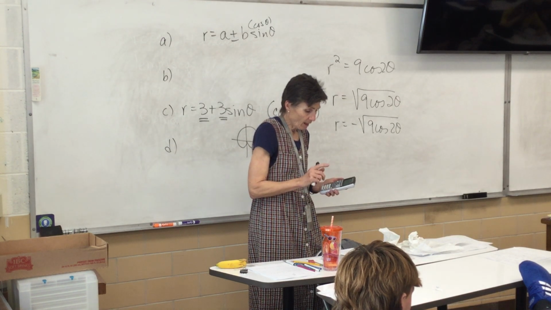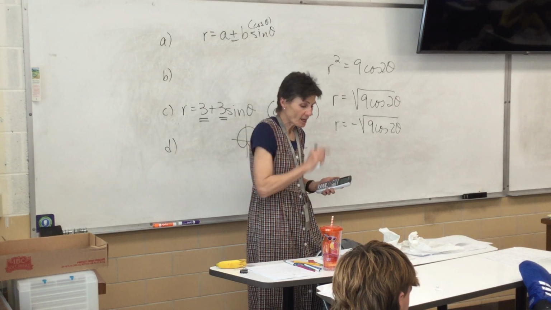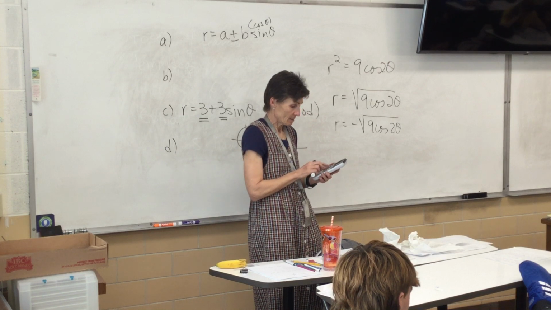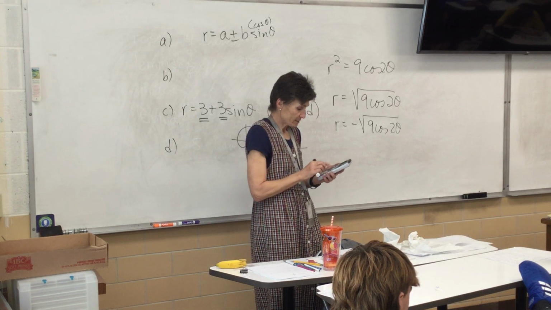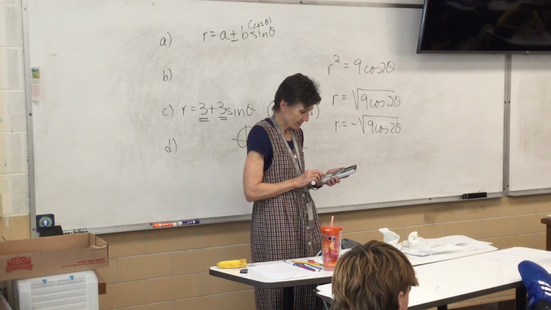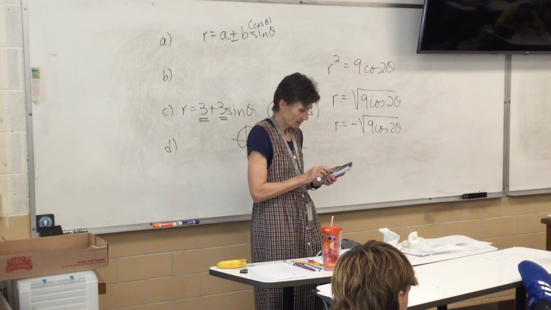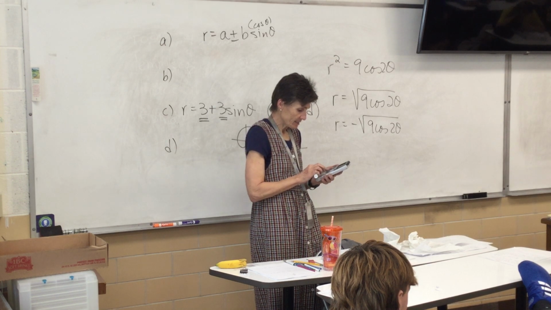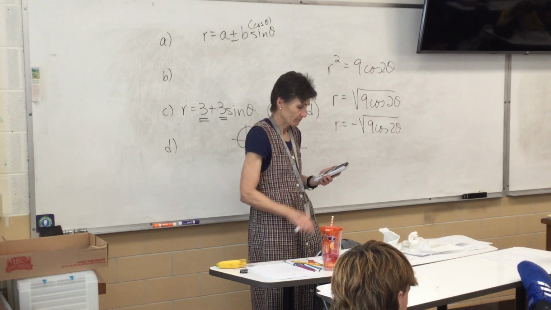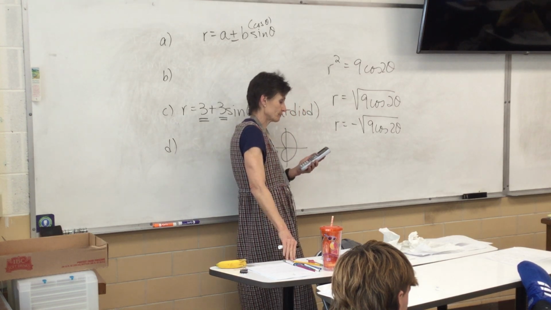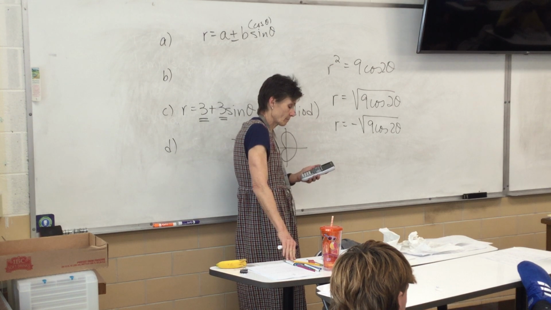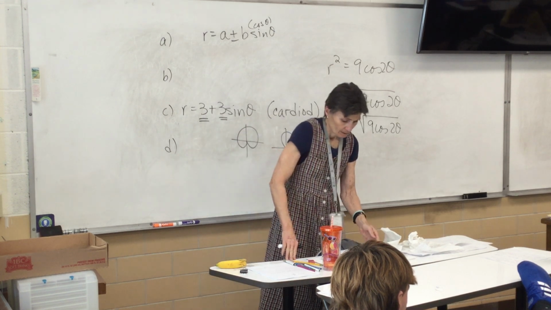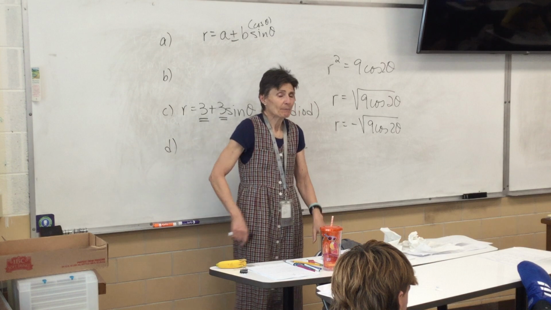All right. For B, would you change the cosine to sine? So square root, we're going to graph 16 sine 2 theta, and negative square root of 16 sine 2 theta. I got a little gap in the middle of mine.